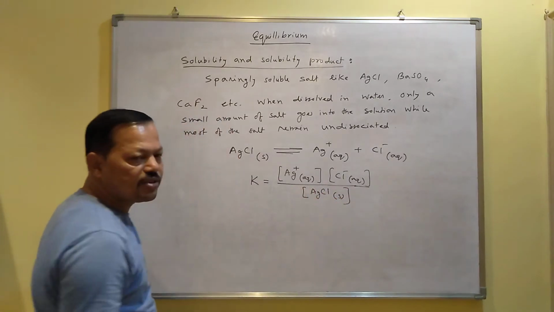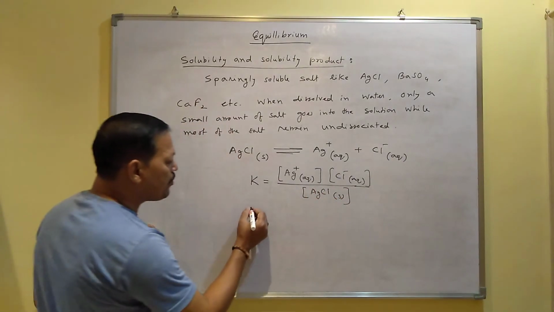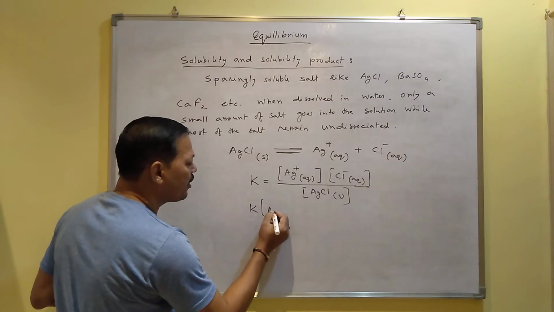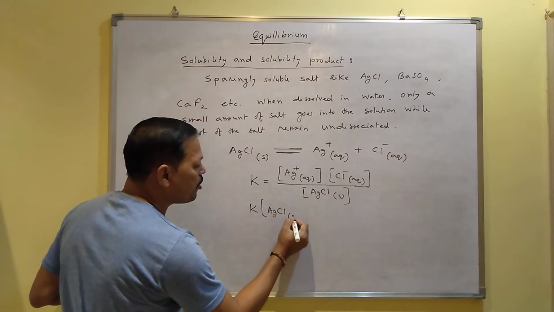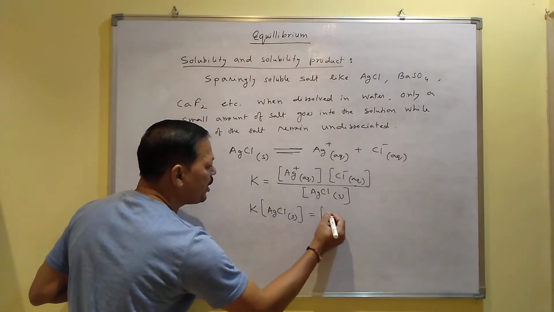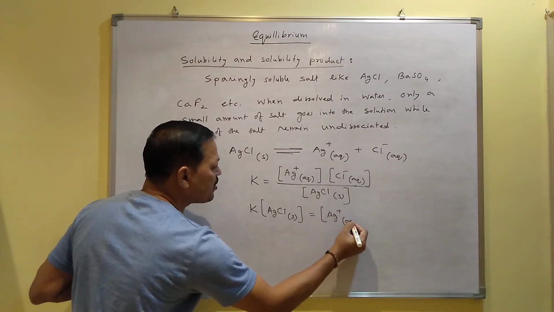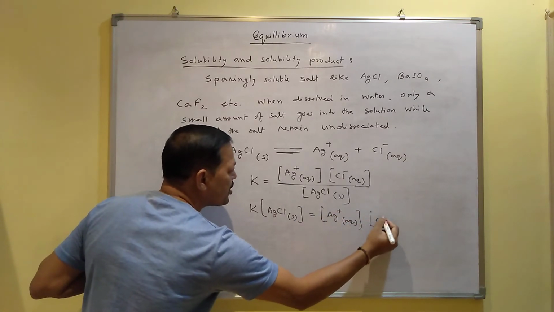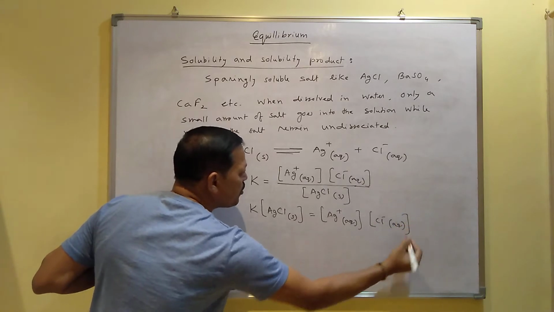Since the concentration of a solid substance is constant, you can multiply K with the concentration of AgCl.